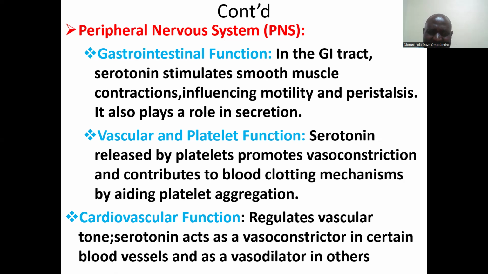And also in cardiovascular function, serotonin regulates vascular tone. Serotonin acts as a vasoconstrictor in certain blood vessels. It can also be a vasodilator in others.